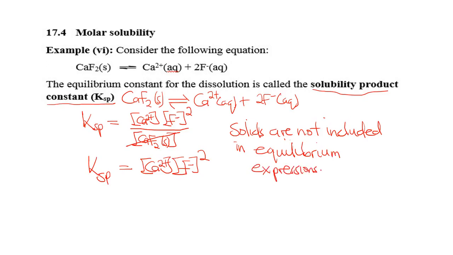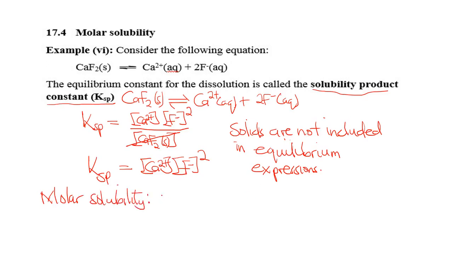So we are going to solve a number of questions based on the KSP equation, the equation about solubility. Now, let us define molar solubility. So what is this molar solubility?